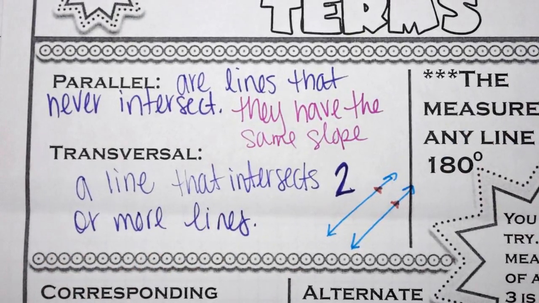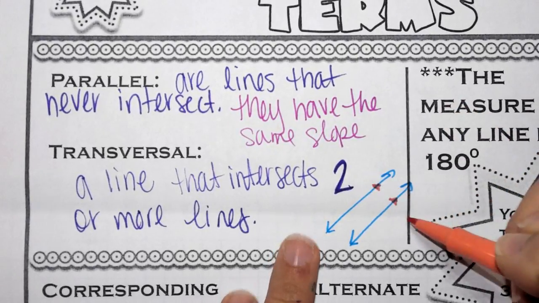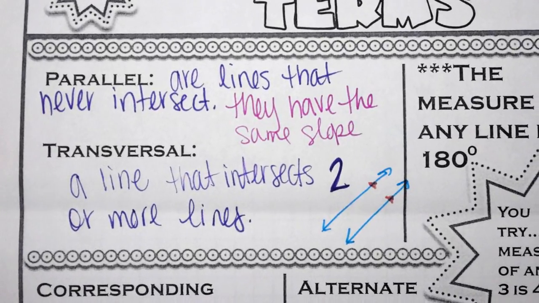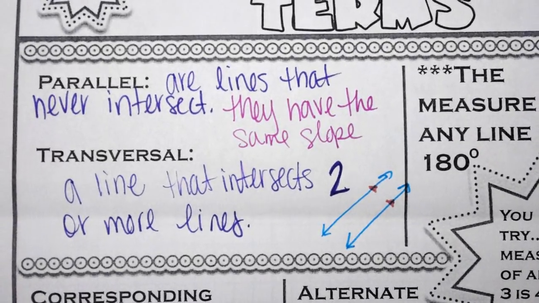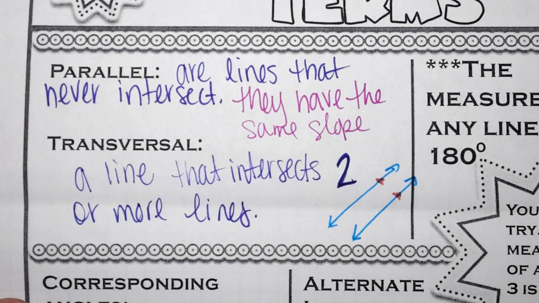Because a tick mark means they're congruent, and this is the next thing that the mathematicians came up with because they wanted to be fancy. So this is what it means when lines are parallel. They have these cute little triangles on them. If it was a tick mark, that would mean congruent, and lines can't be congruent because the line goes on forever.